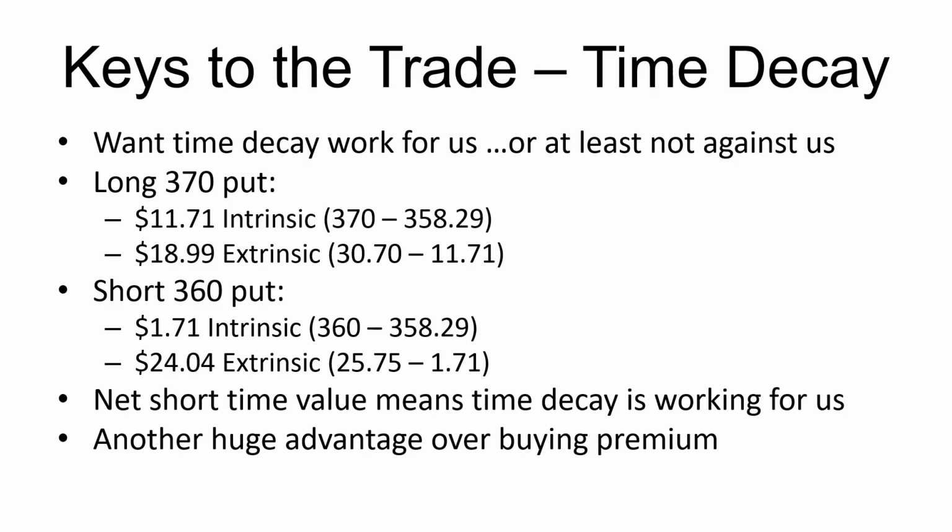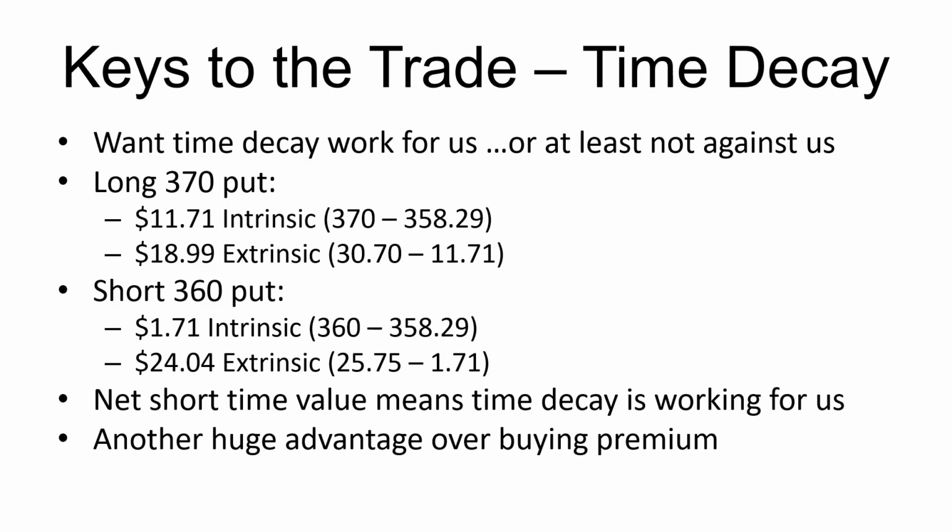The long 370 put, as I said before, has $11.71 of intrinsic value, which means that based on the option price of $30.70, the extrinsic value is $18.99. Now, extrinsic value is the same as time value. Now, let's look at the short 360 put. That has $1.71 of intrinsic value.